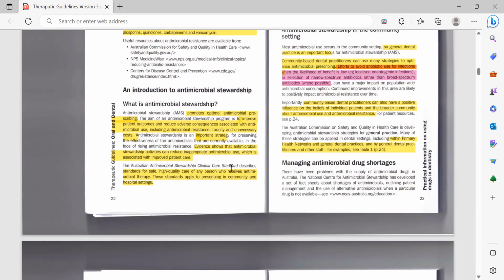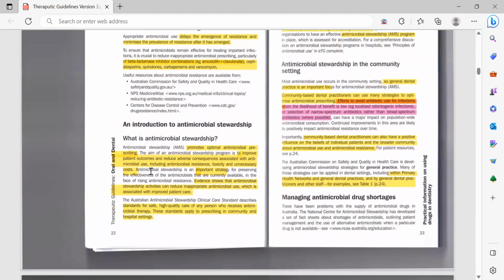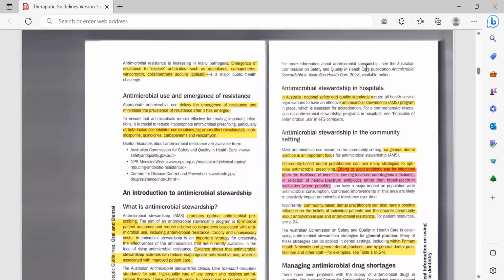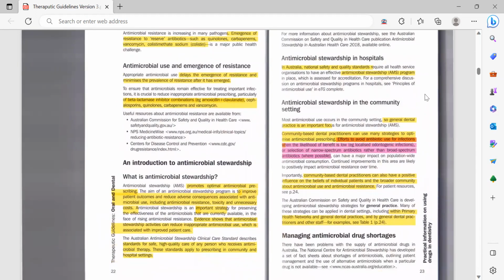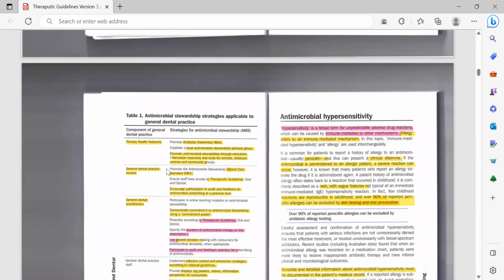It describes standards for safe, high quality care of any person who receives antimicrobial therapy. These standards apply to prescribing in community and hospital settings. So they implemented this strategy at various levels, like the hospital level, the community level, and even at the dentistry level as well.